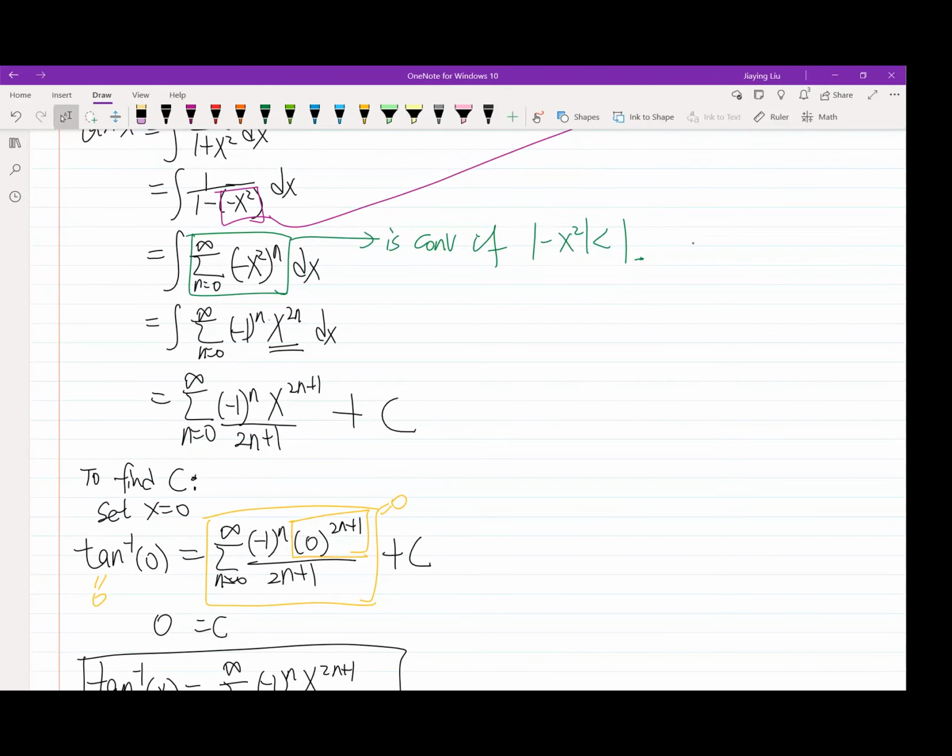All right, I have 1 minute. I'm going to quickly finish the radius of convergence. Before we integrate, we found a power series, and we know that the series is convergent if the absolute value of negative x squared is less than 1. This is before integration.